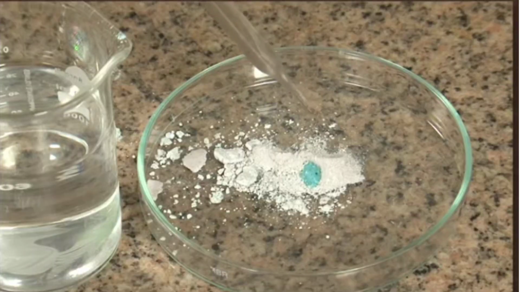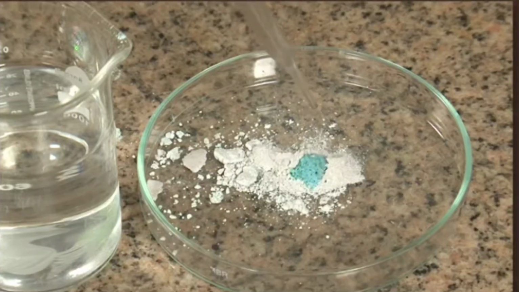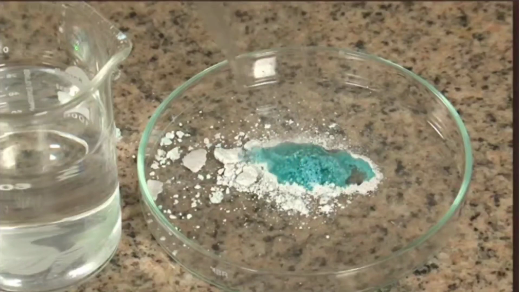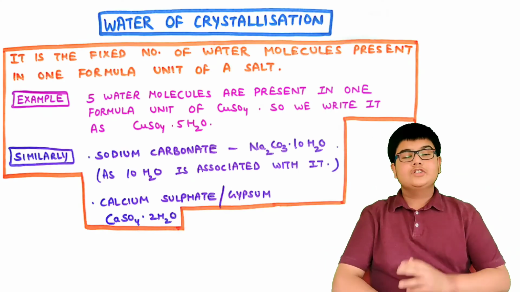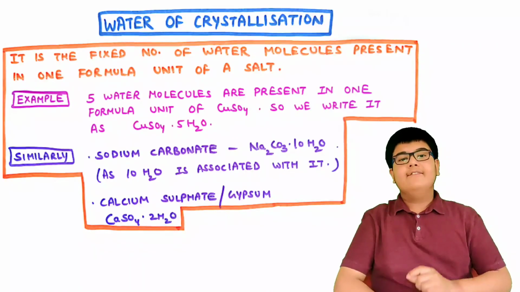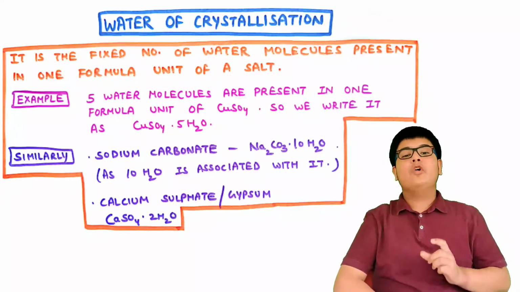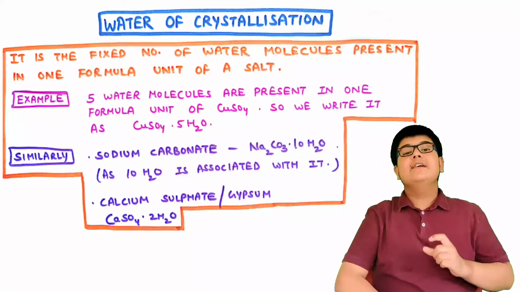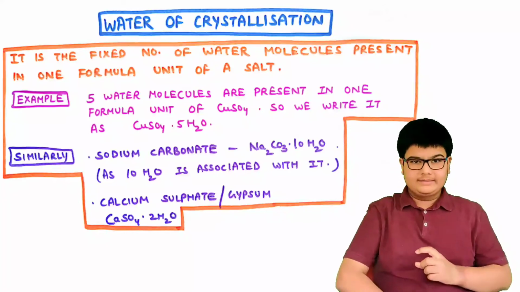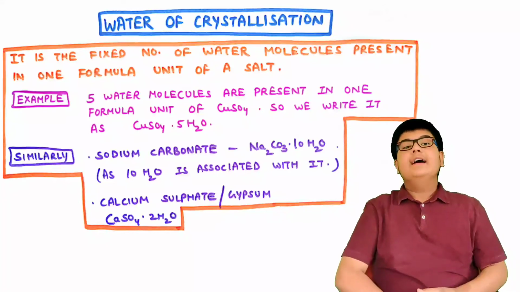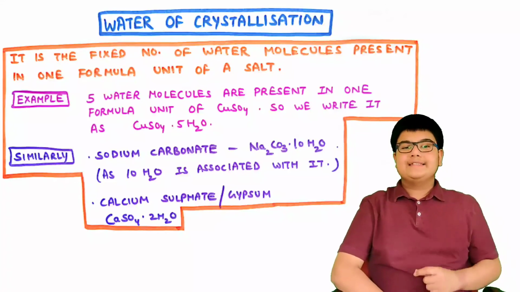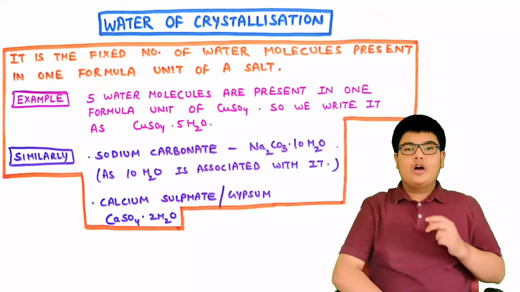Now, if we moisten these dry copper sulfate crystals again, then the blue color of copper sulfate crystals reappears. So on the basis of this activity, we can define water of crystallization as a fixed number of water molecules present in one formula unit of a salt. For example, 5 water molecules are present in one formula unit of copper sulfate.